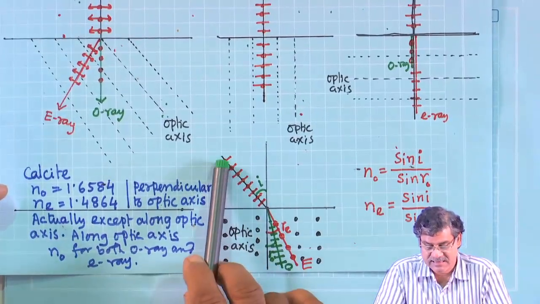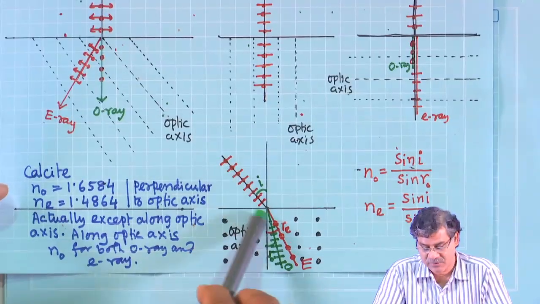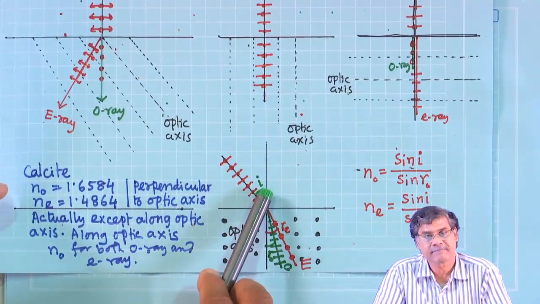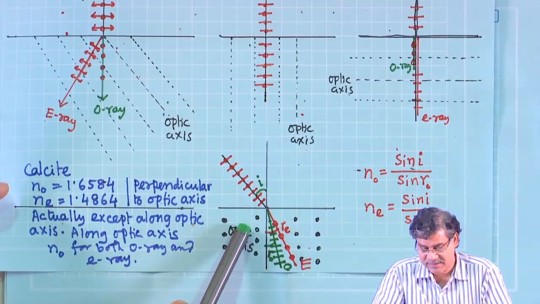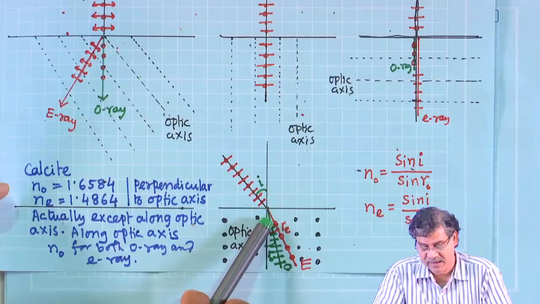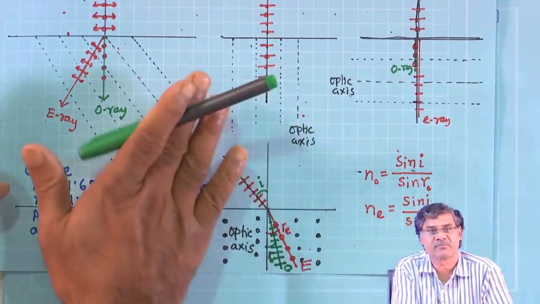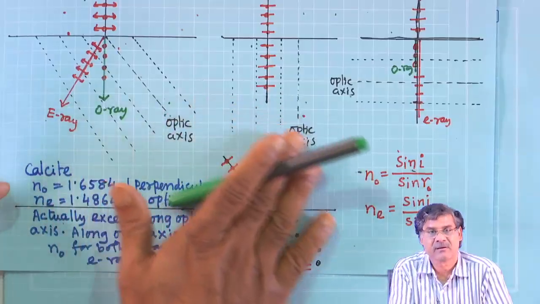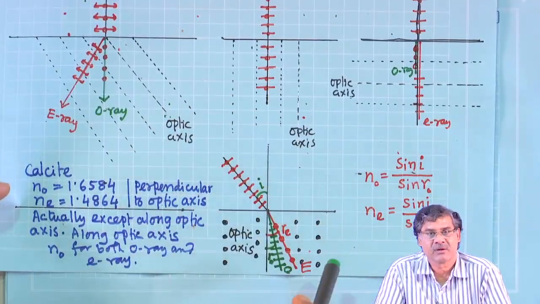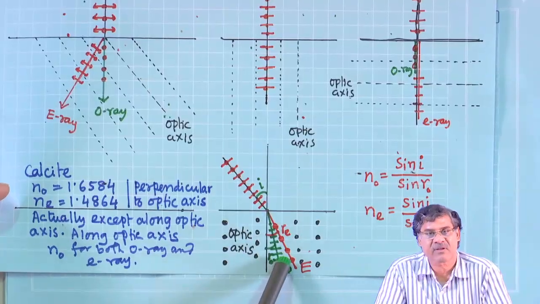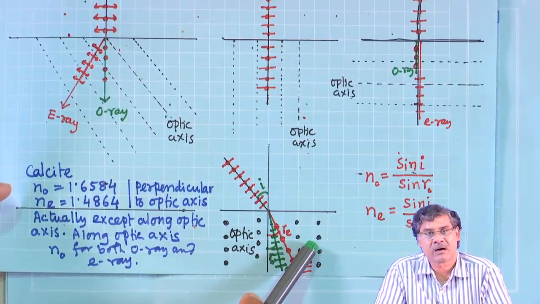Now in this case, if incident light is falling at an angle, okay, you can see they are moving basically in this plane. The plane of incidence is the plane of the paper, right. So they are moving or refracted in the plane which is perpendicular to the optics axis.